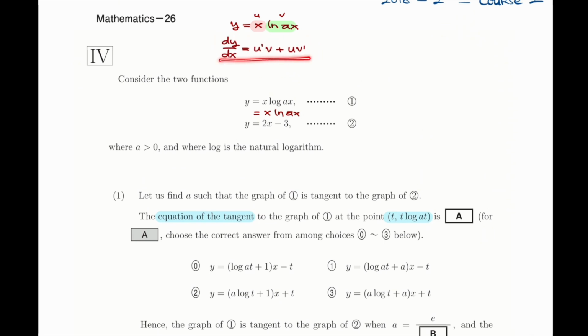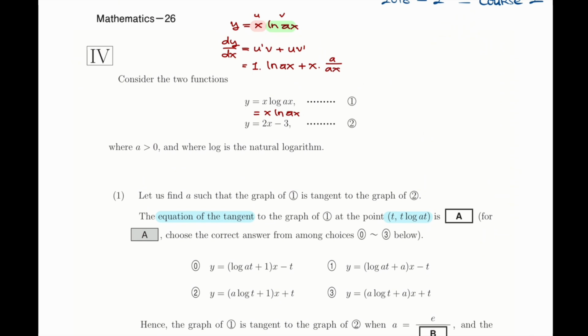By following this formula, u prime is the derivative of x. The derivative of x is 1, times v, which is ln ax, plus u, which is x, times v prime. The derivative of ln ax is a over ax.